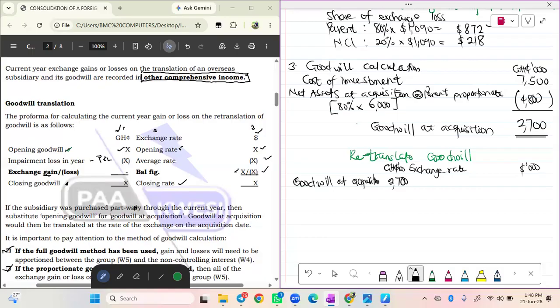You leave a line. Then you come to your closing goodwill. Closing goodwill will be your goodwill at reporting. Or you can just write closing goodwill.